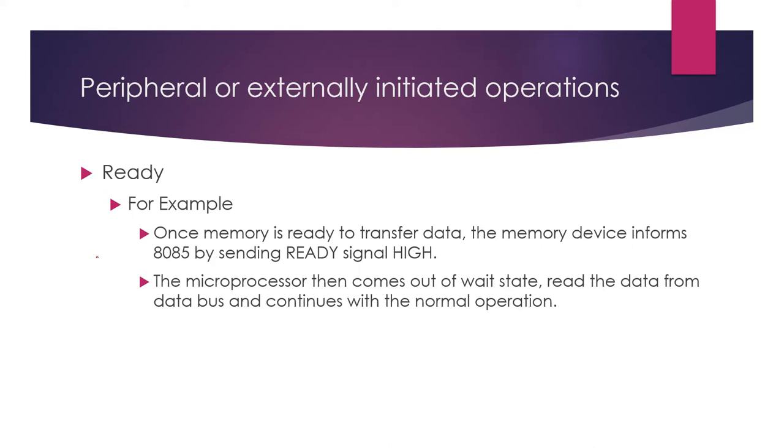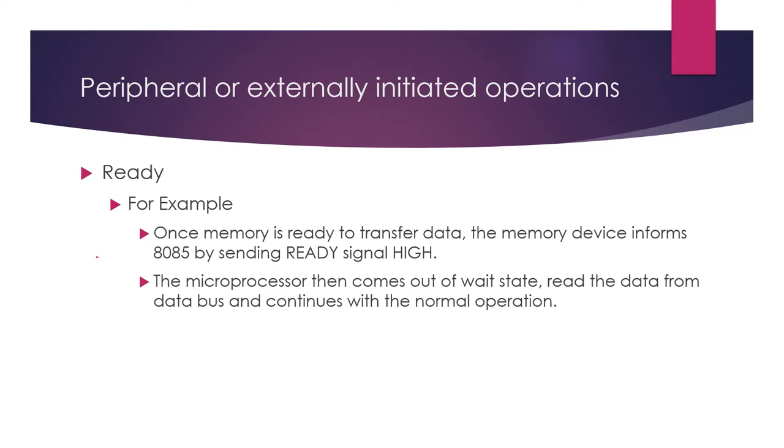Let us say the microprocessor wants certain data from the memory. The microprocessor gives a signal to the memory for that particular data, and has to wait for certain time, because memory is a slower device and requires more time than the microprocessor to find data and give it.